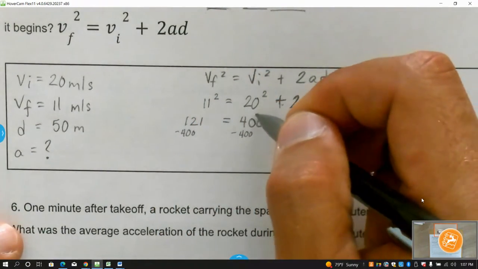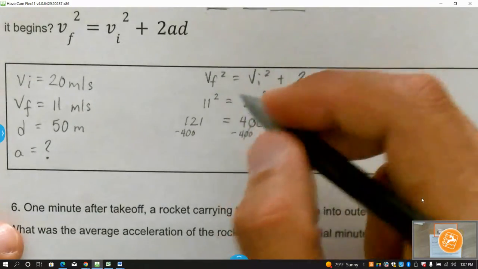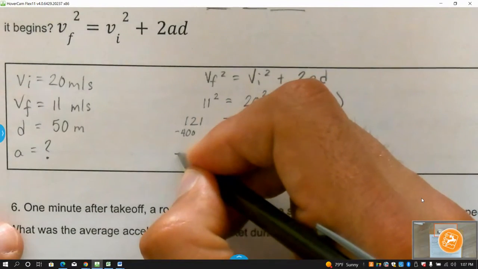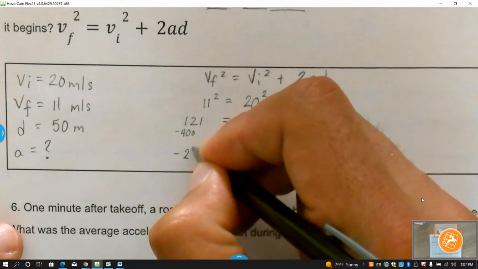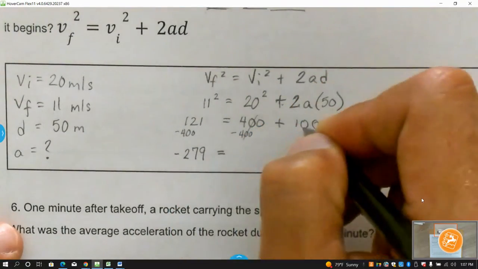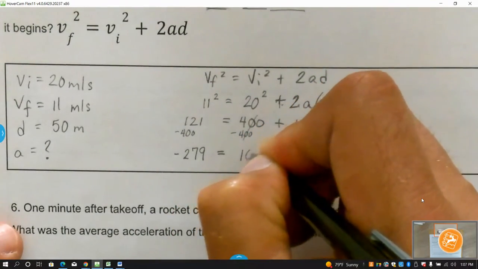So the 400 minus 400, we'll basically say, see you. 121 minus 400 gives us negative 279. And then that will leave us with 100A.